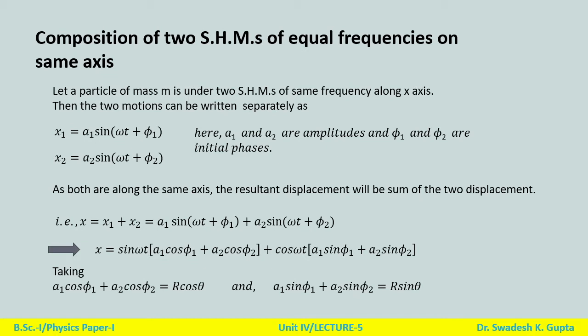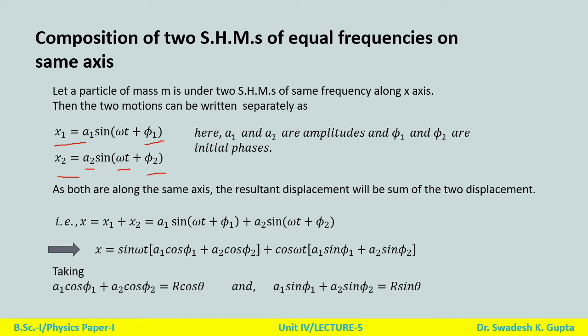Let's consider these two SHMs are along the x-axis, then the two equations can be written as given here, x1 and x2, where the frequency omega is the same while the amplitude and the initial phase are different.